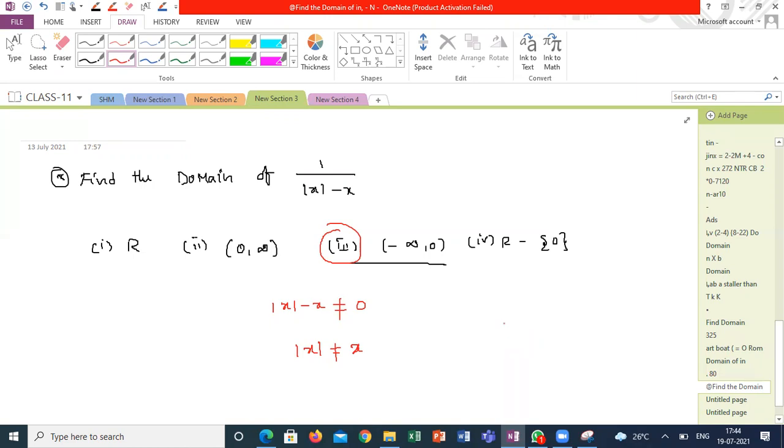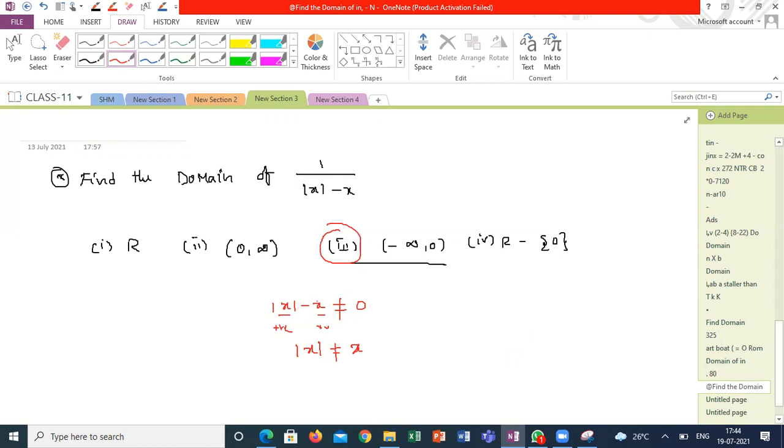Guys, what is your answer? Minus infinity to 0. If you substitute, or you can say like this, mod x minus x: for what values of x can it not be 0? For all positive values, this is positive and this is also positive, the same number, so the subtraction is 0, but it should not be equal to 0.